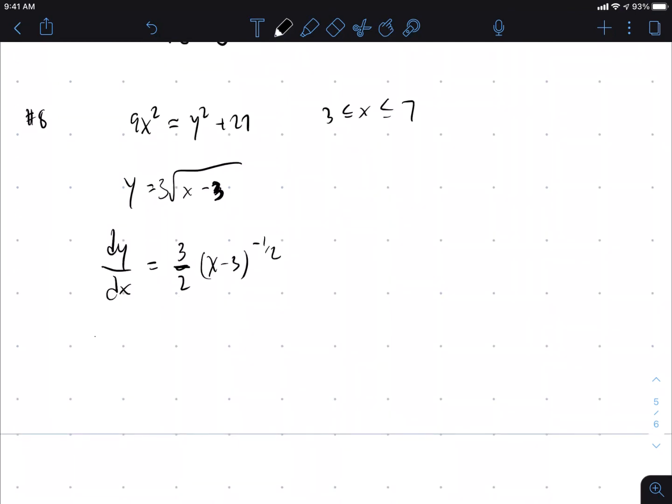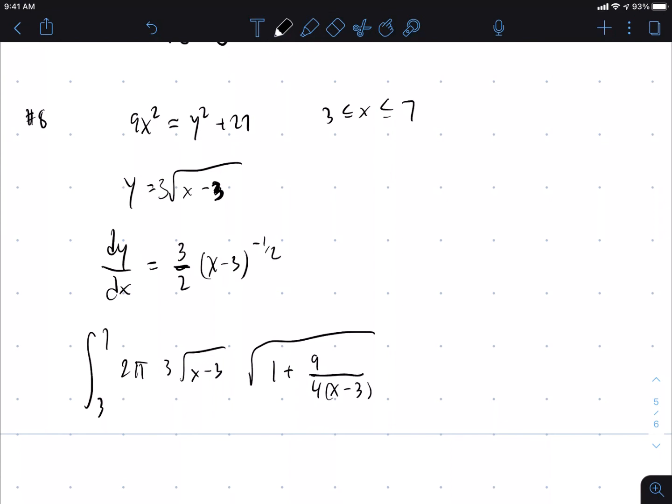And then I can go surface area. So it says from 3 to 7 of 2 pi, 3 root x minus 3, right? Because that's our y in this case, since we're going about the x-axis. And then we need to do the root of 1 plus 9 over 4(x minus 3) dx.